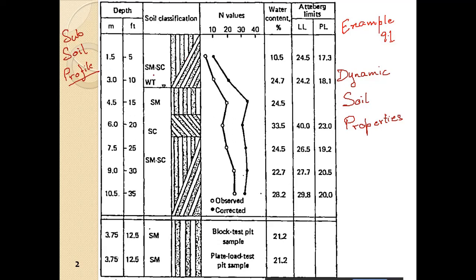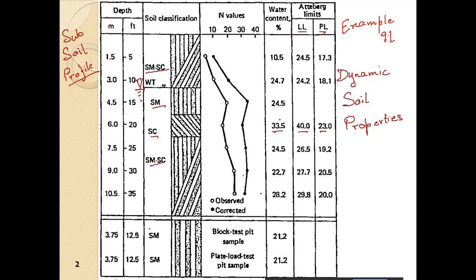It is given what the type of soil is, where the groundwater table is, and what the water content is at various depths and where it lies. This is important: where it lies between the Atterberg limits, the plastic limit and the liquid limit.